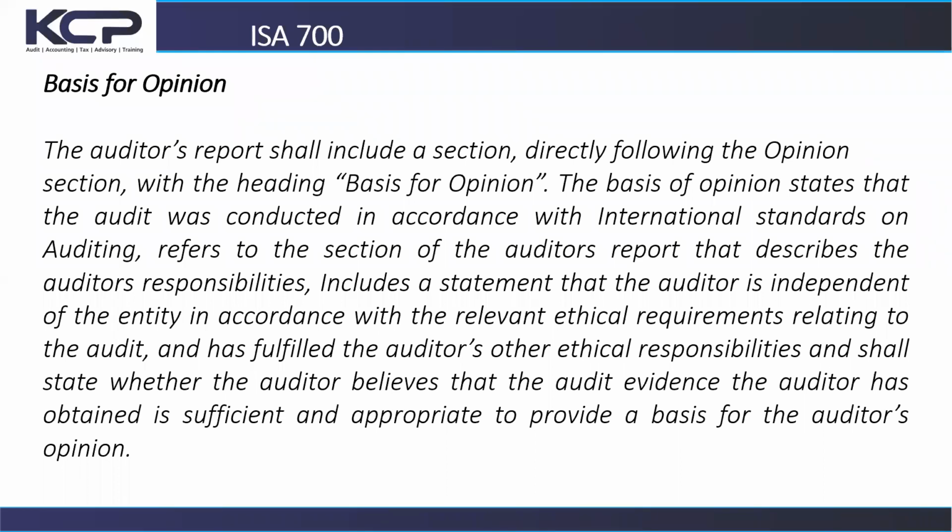So "in accordance with the ISAs" refers to the sections of the auditor's report that describe the auditor's responsibilities, including a statement that the auditor is independent of the entity in accordance with the relevant ethical requirements relating to the audit, and has fulfilled all the auditor's other ethical responsibilities, and shall state whether the auditor believes that the audit evidence the auditor has obtained is sufficient and appropriate to provide a basis for the auditor's opinion.